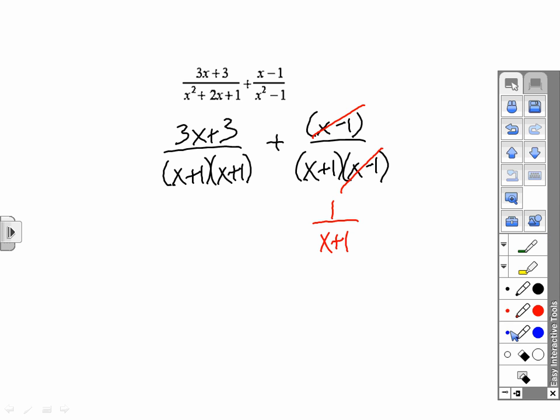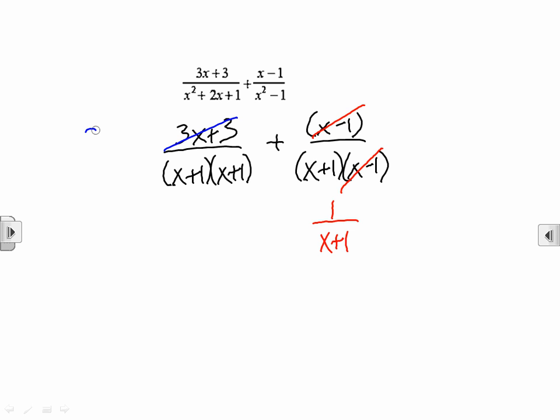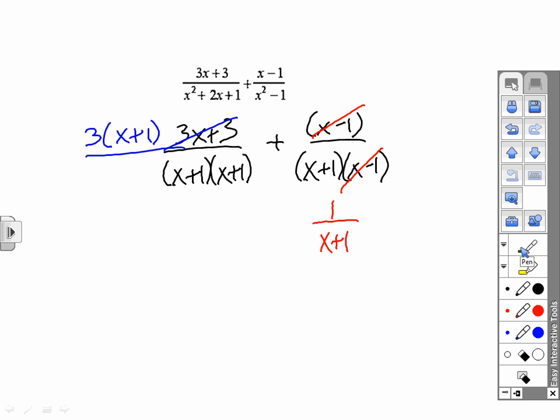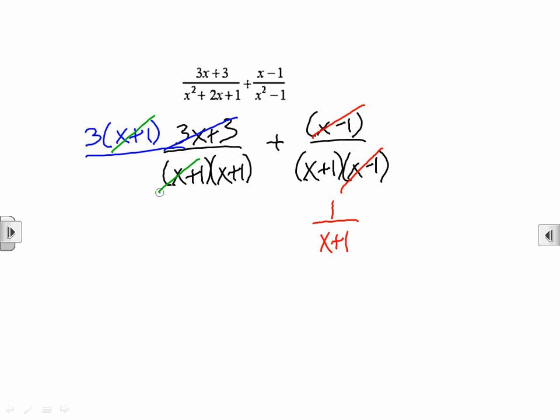The other thing I could see is that 3x plus 3 is the same as 3 times (x plus 1). I could factor the numerator. And if I factored that numerator, look at what I have in the denominator. I have an x plus 1, which would mean this first fraction is 3 over x plus 1.